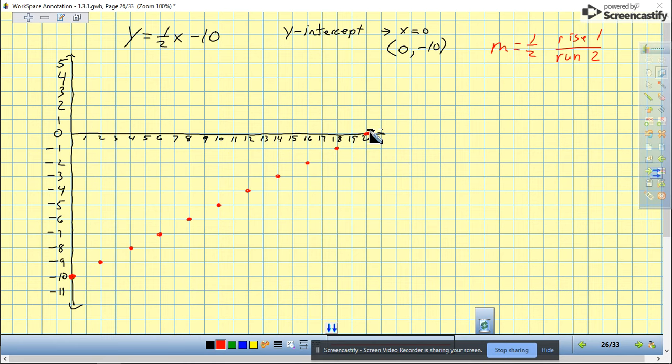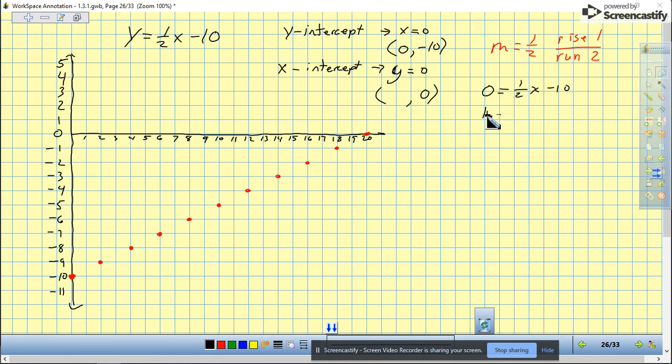Now, I want to talk about this other intercept. I'll go back to my other color here. Let's talk about the x-intercept. That's where y is going to be 0. Or you're going to have some number for x and then 0 for y. Now, the way you can figure that out is you could plug in 0 for y here. So 0 equals 1/2 x minus 10.